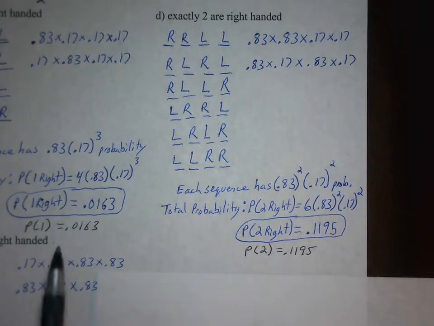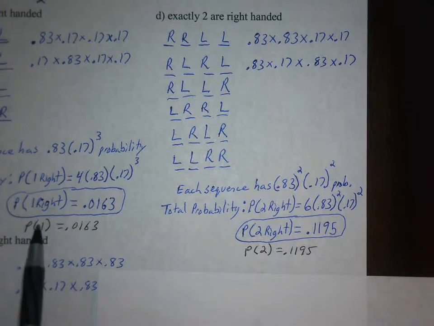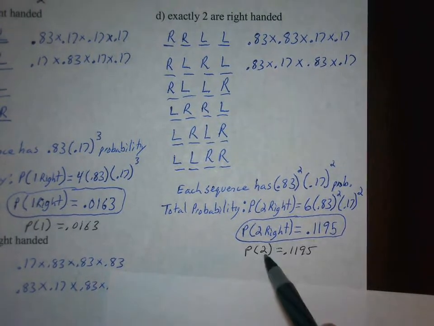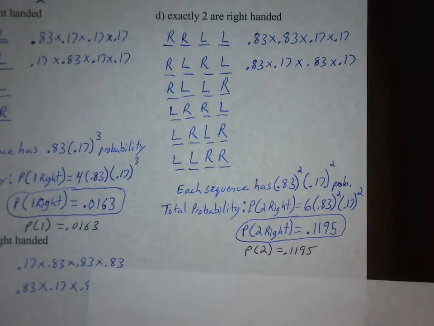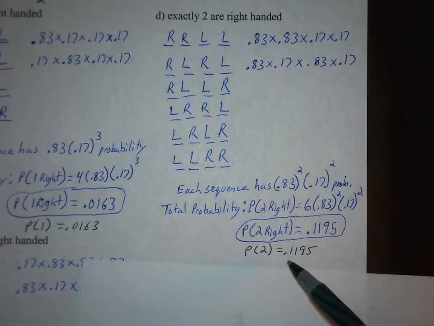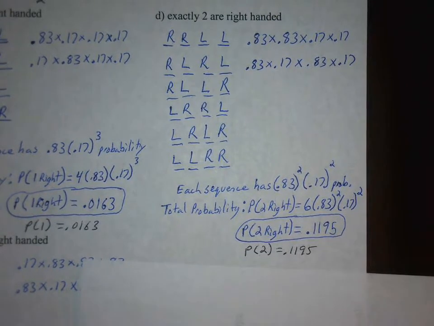And you can even see it written as like probability that X equals 1. So you could see X equals 1 in the parentheses, X equals 2 in the parentheses here. Those are just different notations that you may see. Okay, so the probability of exactly 2 right-handed Americans, if you choose 4, is 0.1195, so almost 12%.